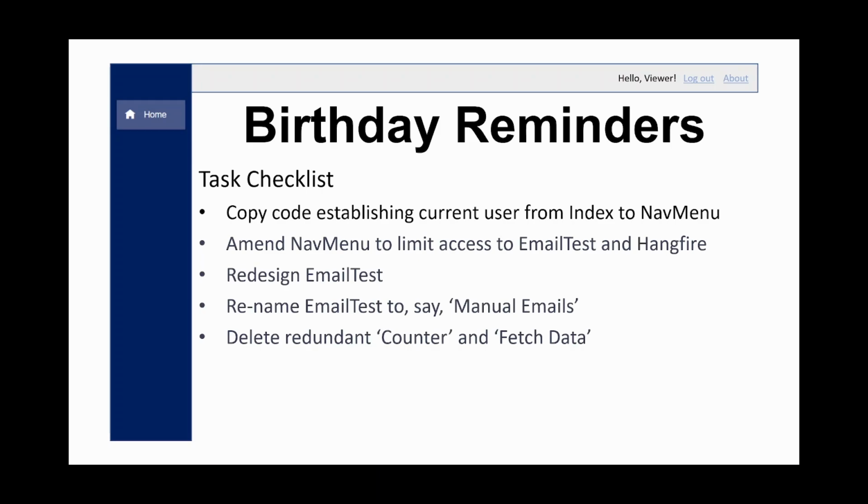I'll also want to redesign the Email Test page and rename it to Manual Emails to get rid of the superfluous instructions that we've got on that page and to make the button more specific. I'll also take the opportunity to delete some redundant menu items such as the counter and fetch data and the code that's behind those. So let's have a look at the C# code.